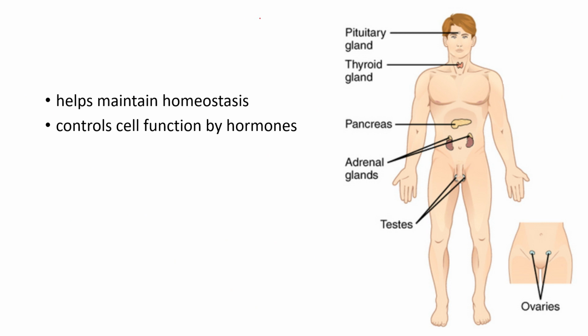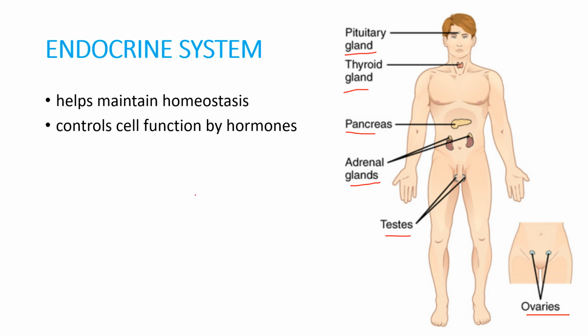This organ system right here involves the pituitary gland, the thyroid gland, pancreas, adrenal glands, testes, and ovaries. All of these, by the way, are glands, even though the pancreas didn't have the word gland or testes or ovaries. They're all glands. This is your endocrine system. We said previously that there were two organ systems involved in maintaining homeostasis. One of them was the nervous system, and it does so through the use of electrical signals.